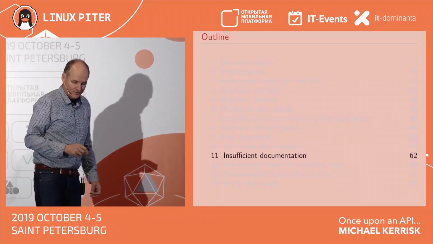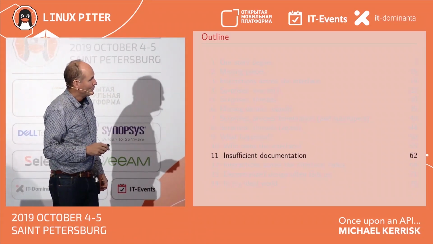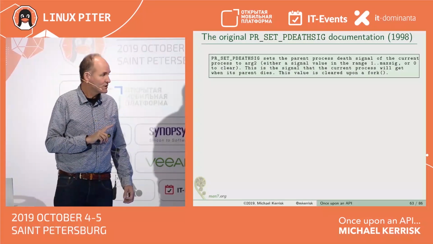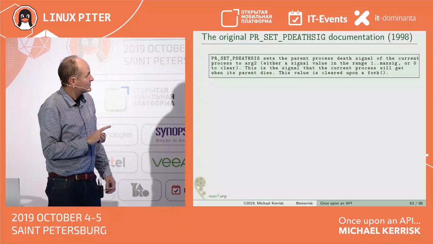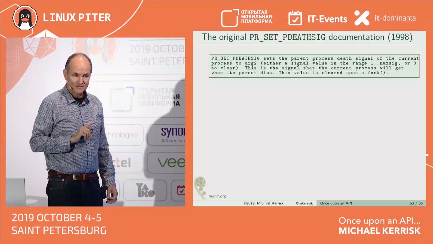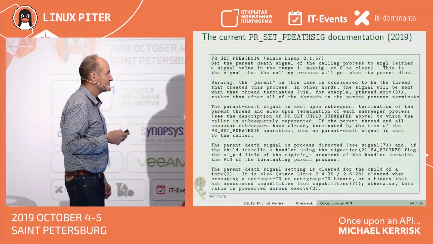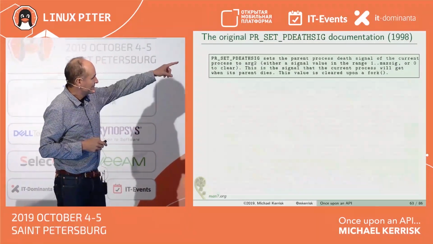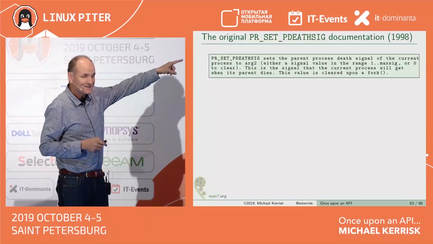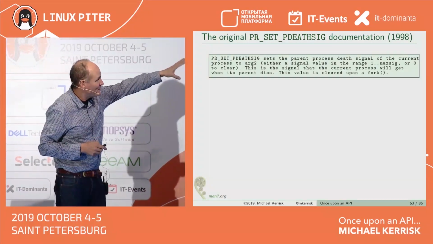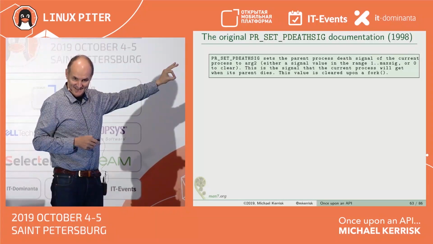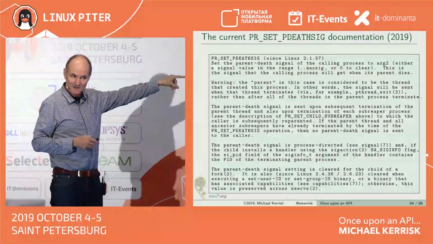Okay. What else do we have in terms of causes? This was the original documentation of the set pdeathsig signal interface. This is what it looks like now. The gap between these two things represents mostly stuff that was implemented but unknown at this time that later became known.